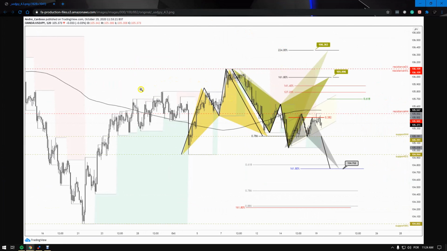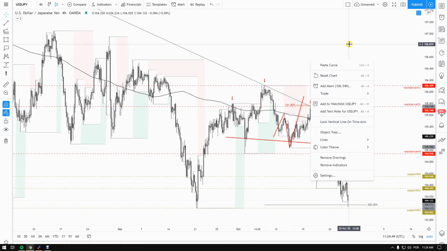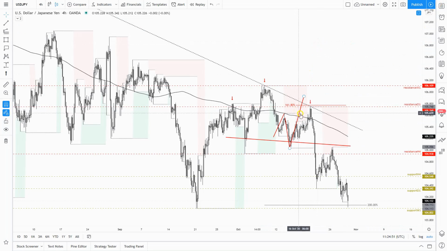This was our left shoulder, and as soon as the market prints these lows, I started to project patterns above, and obviously we need to wait for that to happen. If that happens, we will see the formation of, or at least the eventual formation of that pattern.